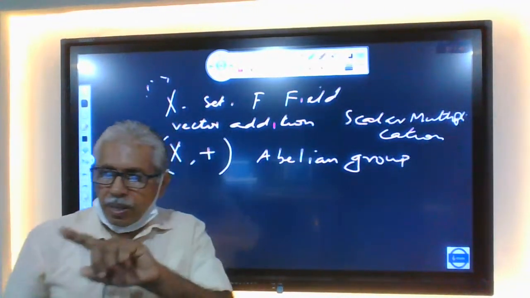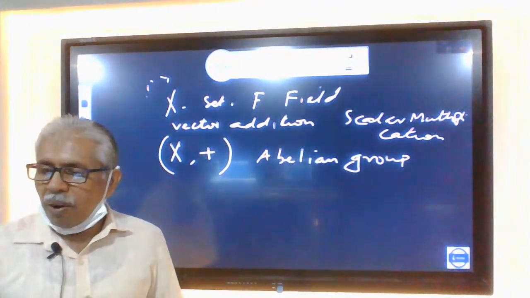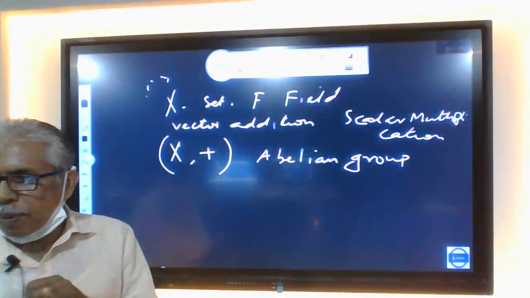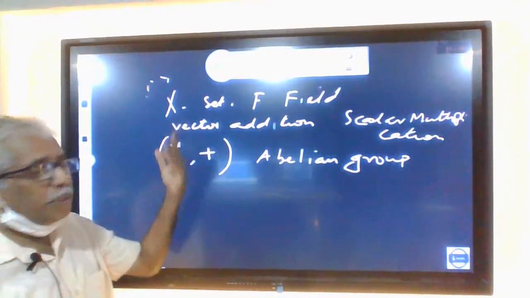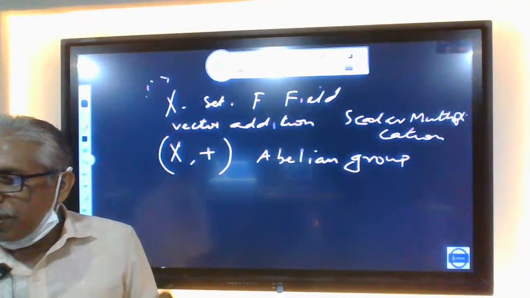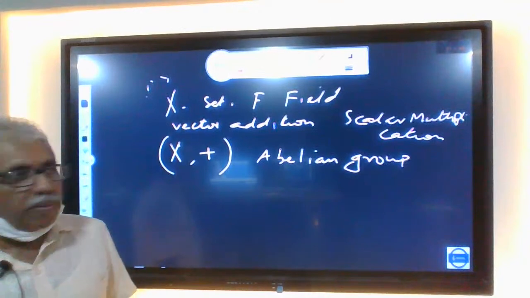That means two points can be added in any order and the output is the same. Associative property, identity. In R2, the point 0, 0, the zero vector, will be the identity.